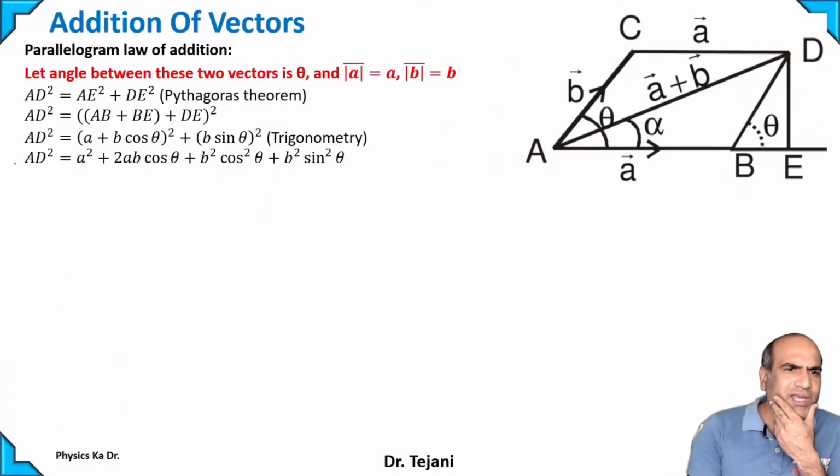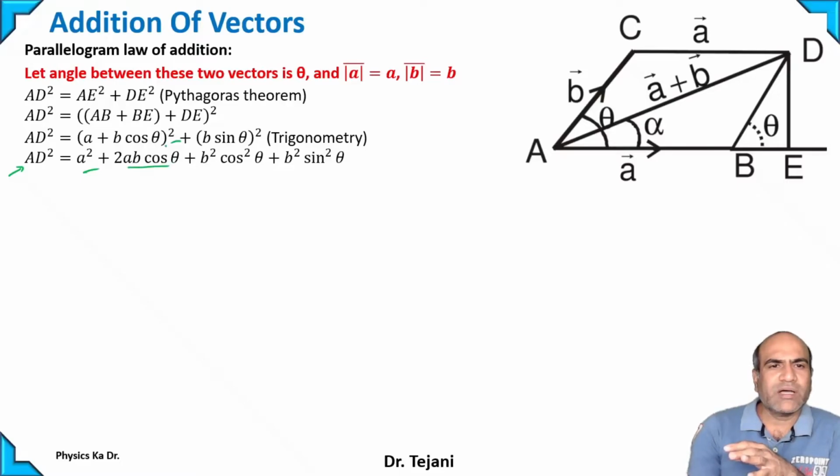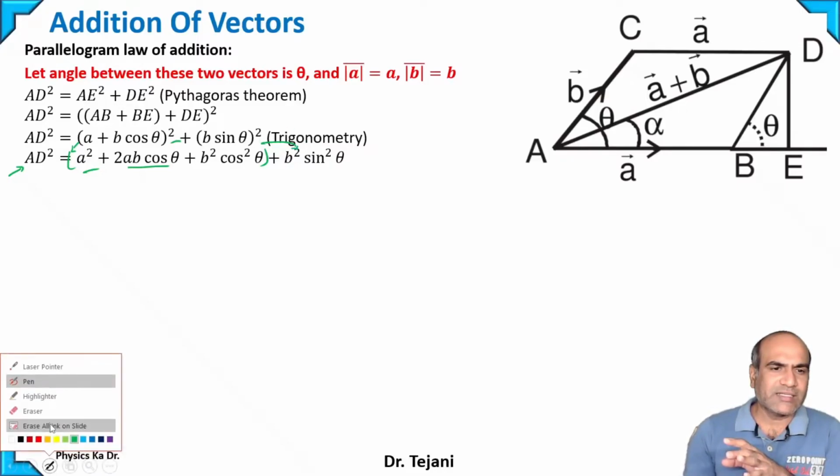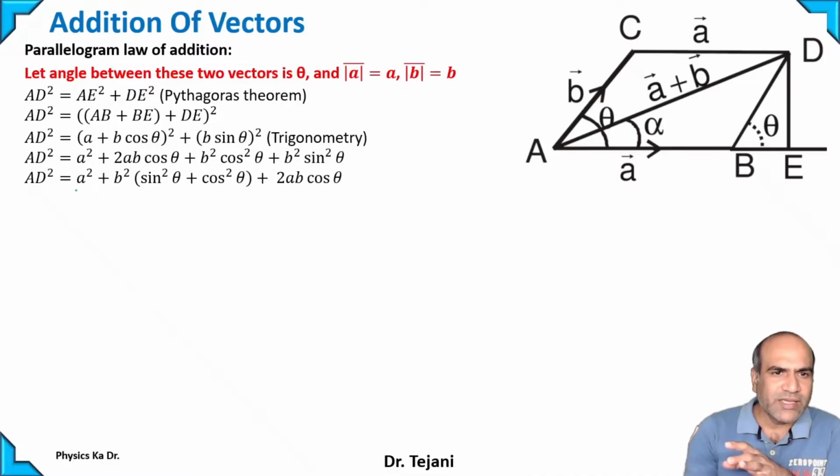Next is AD. Just expanding this: A square plus 2AB cos theta plus B square cos square theta. So this is the expansion of this bracket, and this is B square sin square theta. Let's rearrange this.